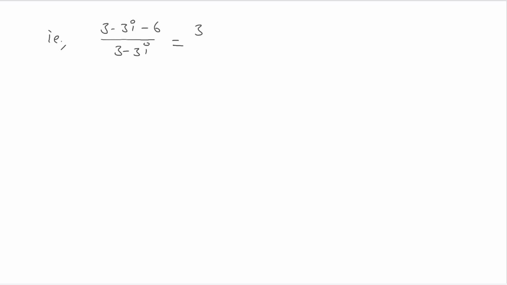This is minus 3 minus 3i divided by 3 minus 3i. So in total we get minus of (1 plus i) divided by (1 minus i). Is this value equal to i or not? For that, I'm just doing the rationalization.